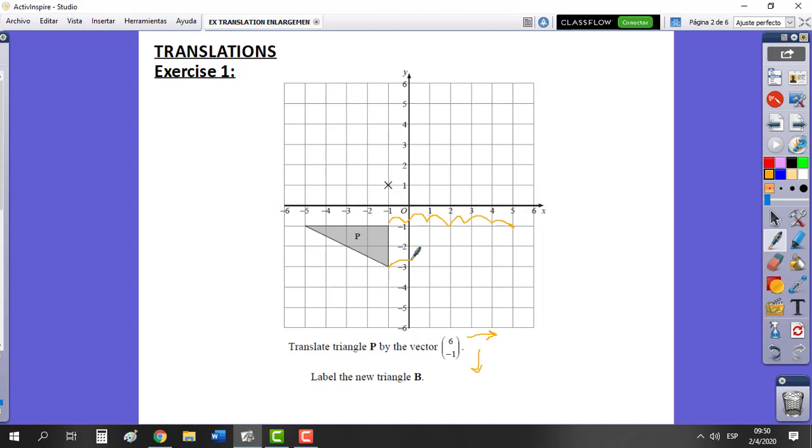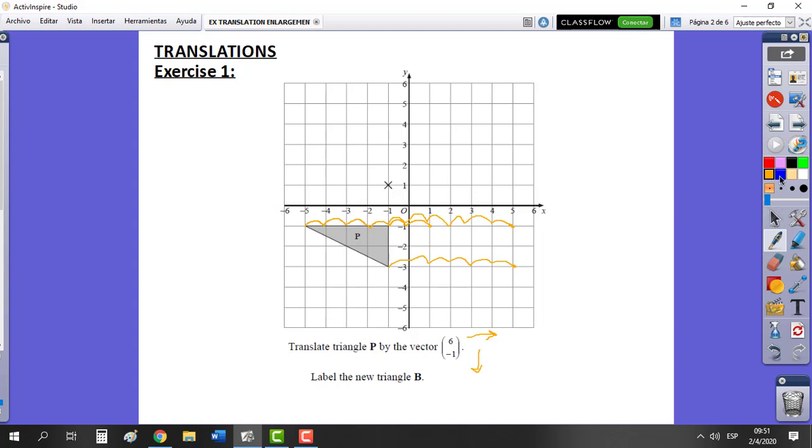This one will move 1, 2, 3, 4, 5, 6 to the right. So we will have the corner over here. And this will move 1, 2, 3, 4, 5, 6 to the right. And everything will move 1 down.